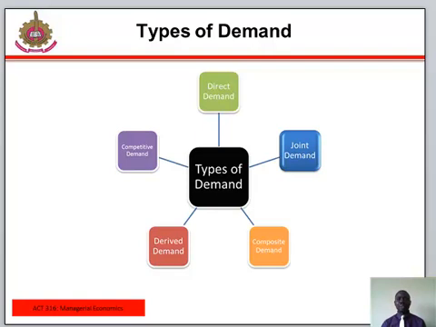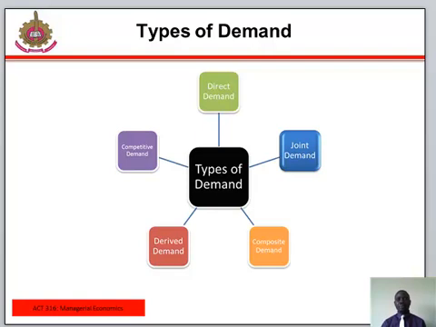Joint demand. When two or more commodities are jointly demanded at the same time to satisfy a purpose or want, it is called joint or complementary demand. For example, demand for milk and tea, demand for bread and butter are examples of joint demand.